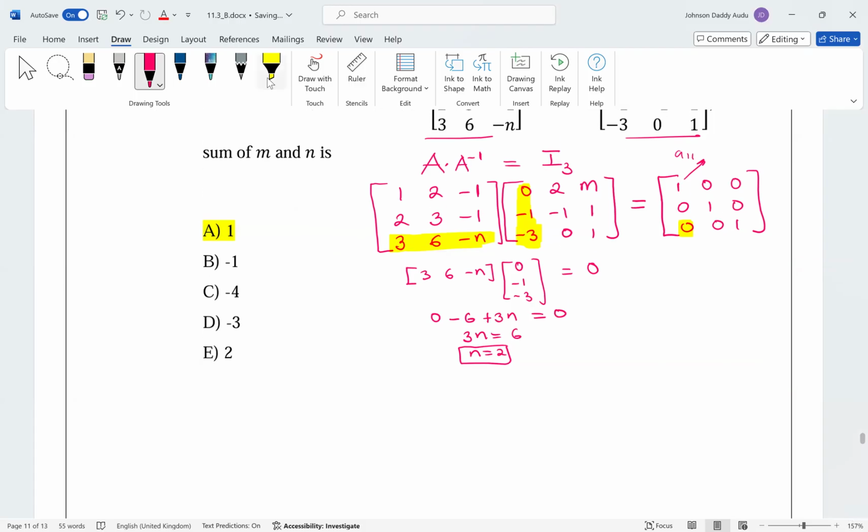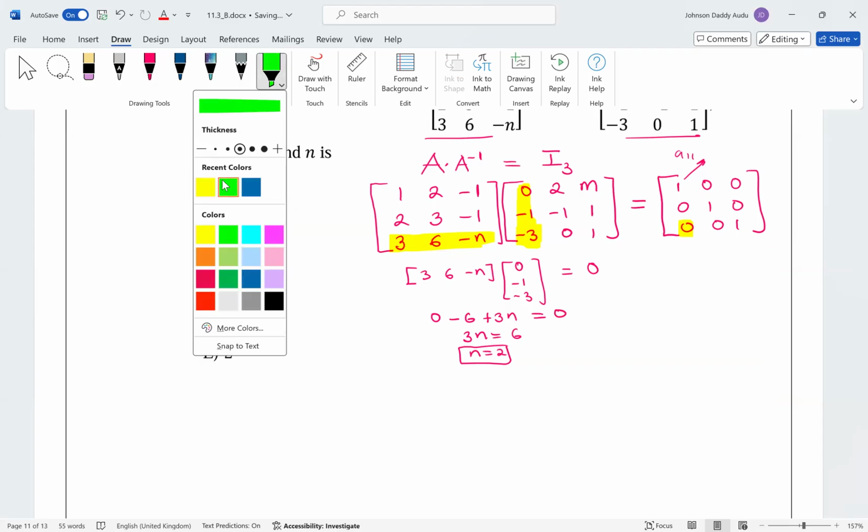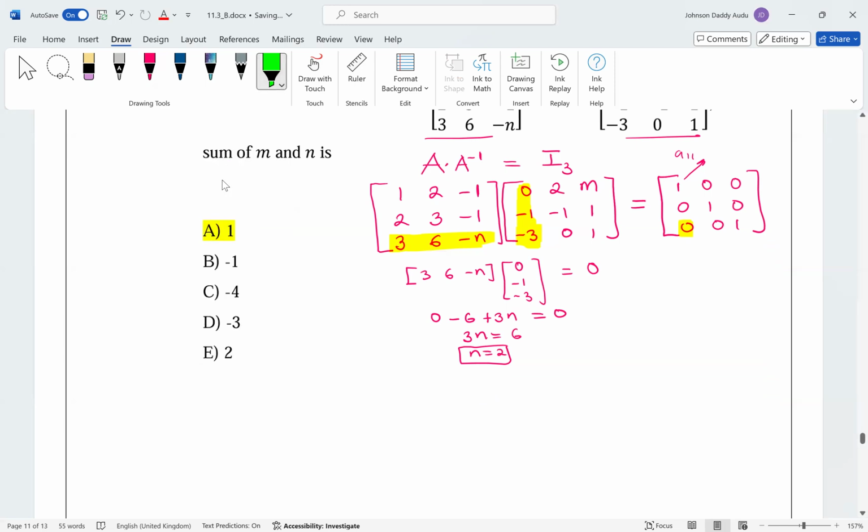Also, you can see now, if you are looking for m, how do you get m? You can do this one. This is first row or any of the rows.